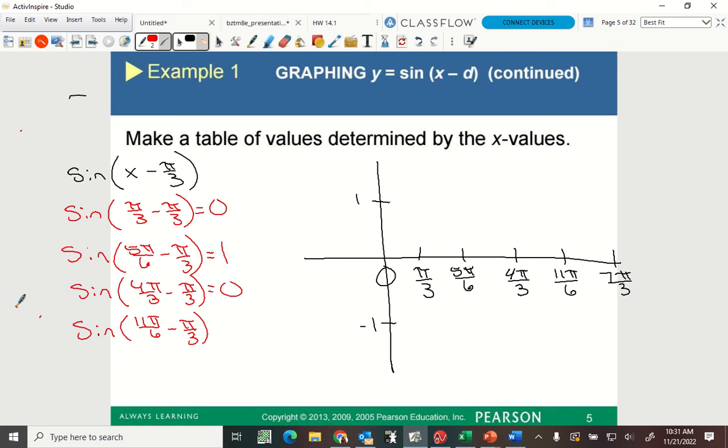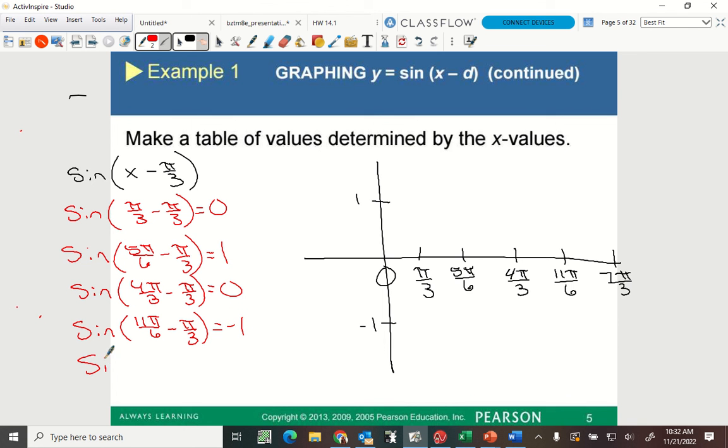Now, 9 over 6, you've got to reduce it by a factor of 3. 9 over 6 is 3 over 2. That's why I want you guys trying to do this mathematically in your heads. Okay, it is good exercise to try and do this. So it's going to be 3 pi over 2 now. So put your finger on 3 pi over 2. All the way down at the bottom. Right? 3 pi over 2. -1. Very good.